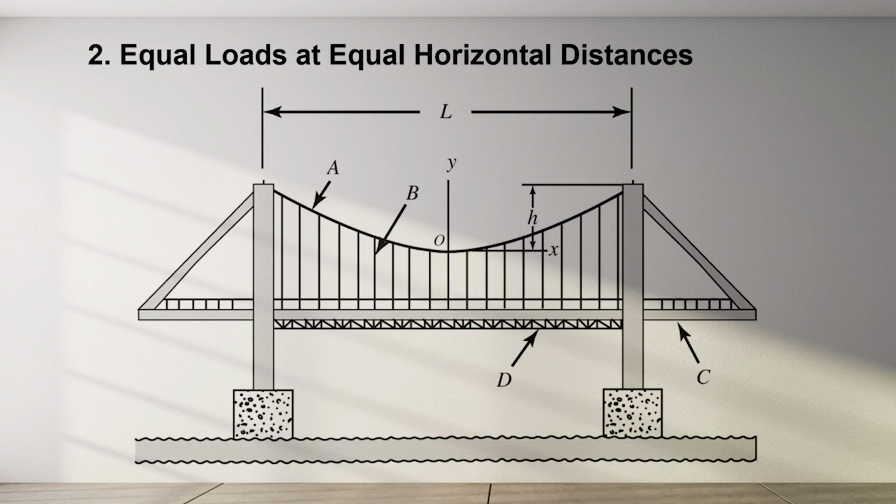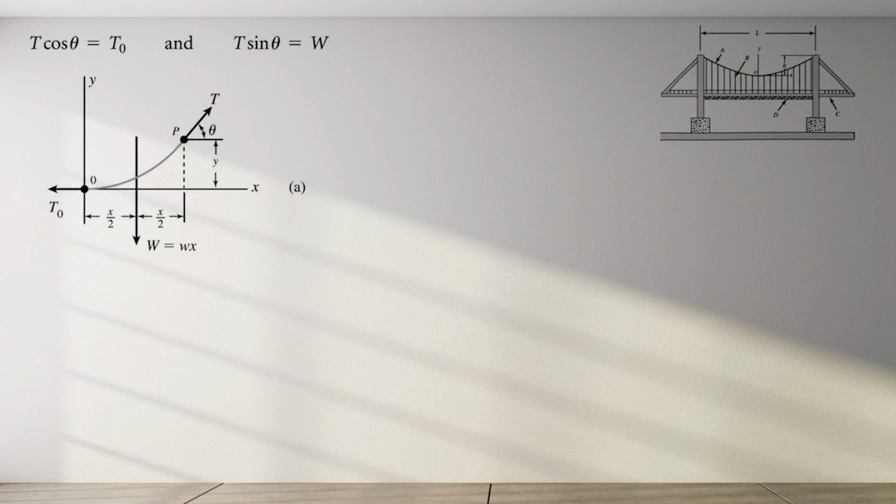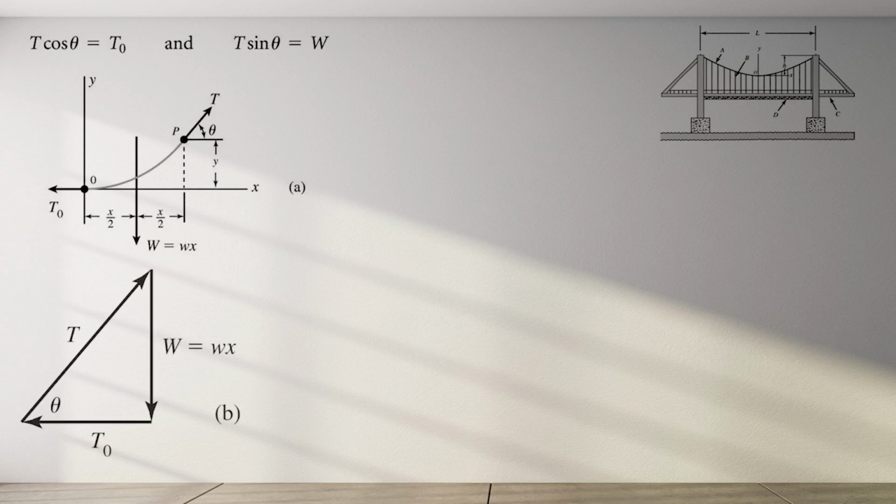For analysis purposes, the same assumptions used in the case of concentrated loads at random locations will also be applied here. From the free body diagram shown, the horizontal and vertical equilibrium equations become T cosine theta equals T0, T sine theta equals W. The force triangle yields the relationship of big W equals small w times x.